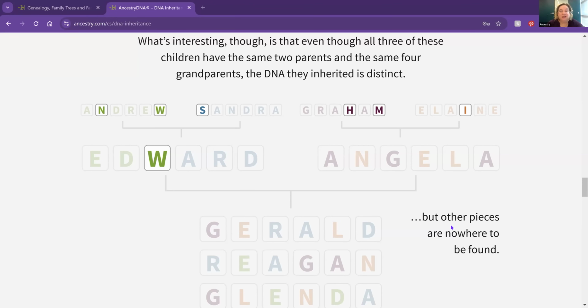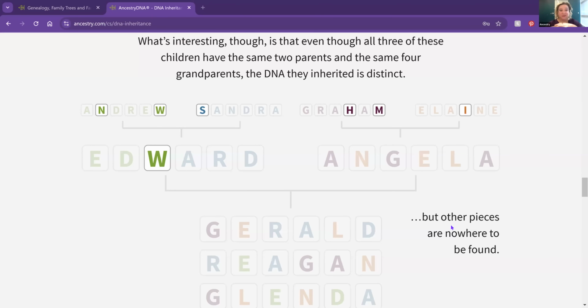So as you start to think about, you can start to connect the dots between what that means for your DNA results. This is a really foundational thing to understand. There are pieces of DNA that in a branch of a family tree get lost because you only got half of your parents' DNA, which means there is half of their DNA that you did not get.